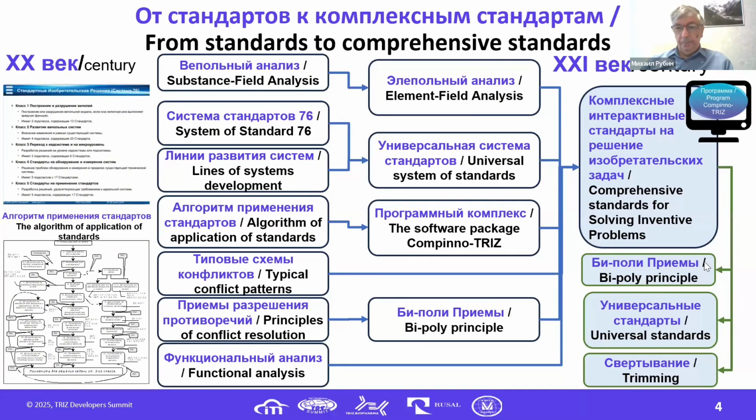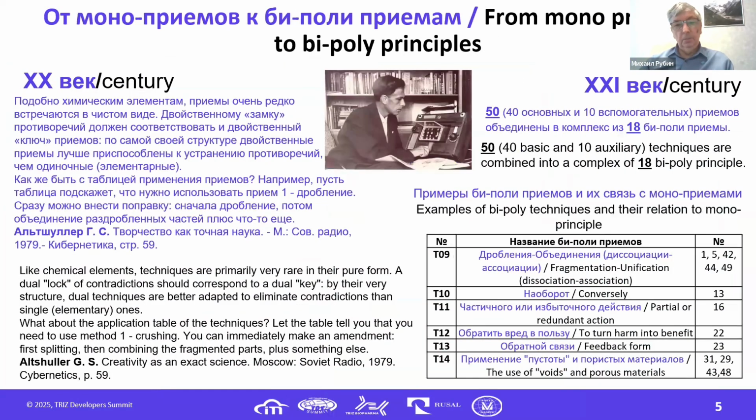Why are they comprehensive and what do they consist of? Every standard consists of three parts. The first is based on the typical conflicts, which is part of those interactive standards. On the basis of those standards, we have the transfer to bipolar principles.